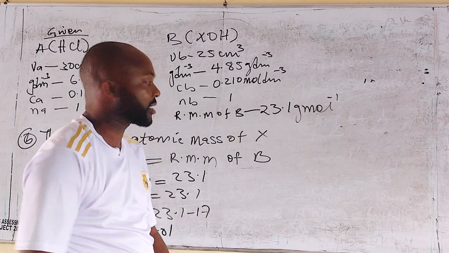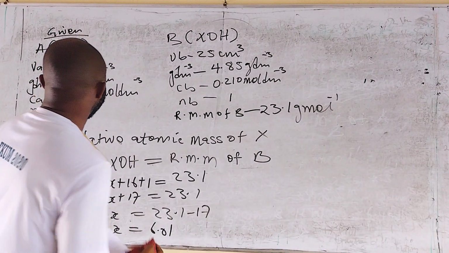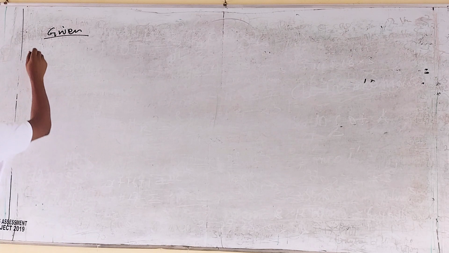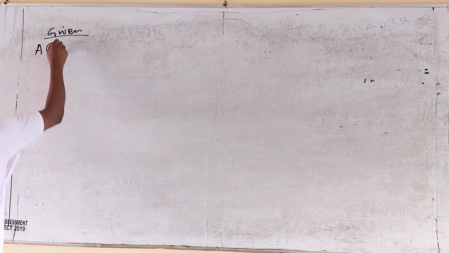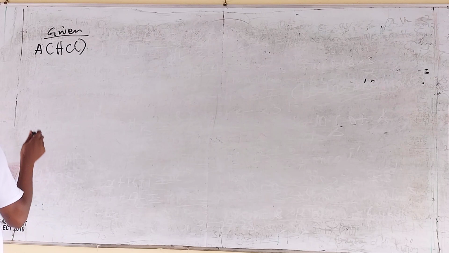Now let's solve our last question. We're going to be a little fast with this one. Last question for the day. Our given A is HCl. It says 28.0 cm³ of hydrochloric acid.